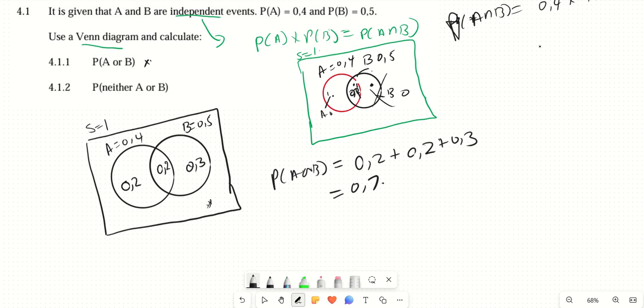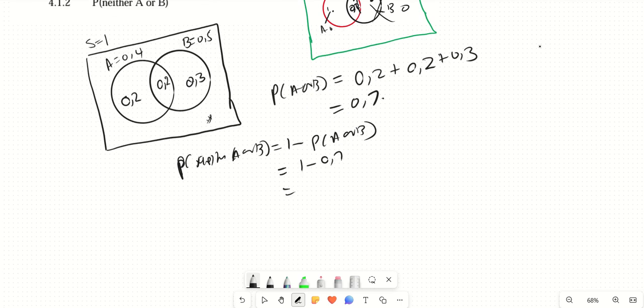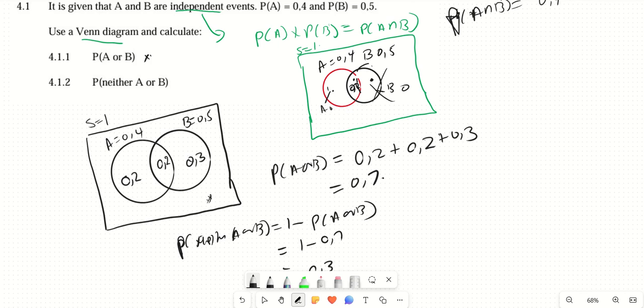So in this case, the probability of neither A nor B equals 1 minus 0.7, which is going to be 0.3. So the complement of A or B is 0.3.